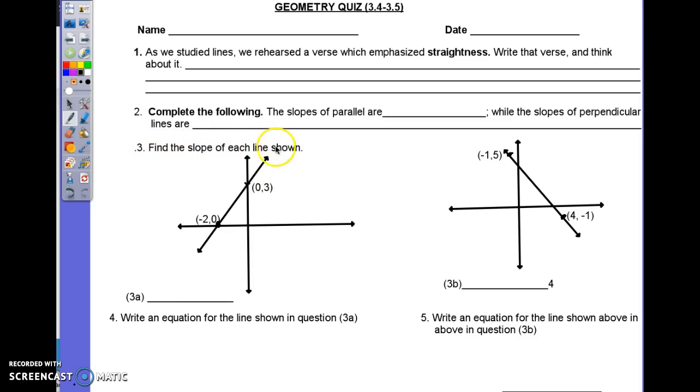It says find the slope of each line shown. We've got a line here, and once we know 2 points on the line, we can find the slope of the line. As we did in class, the slope m is given by the formula rise over run: y2 minus y1, that's the rise, over x2 minus x1, which is the run.